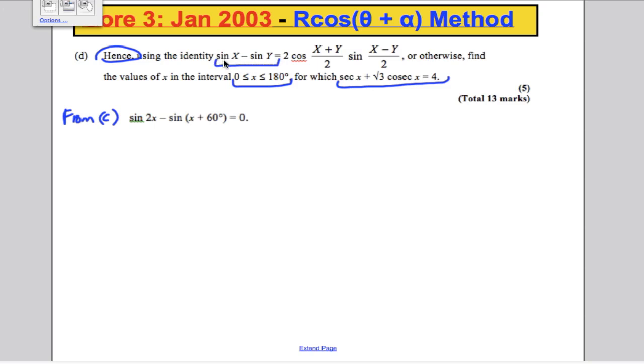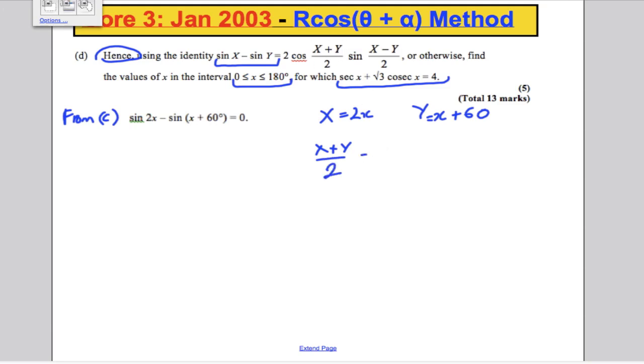Now, it also tells me that sine x minus sine y can be done by this formula. We've got here that x is equal to 2x, and capital Y up here is equal to x plus 60. So I know when I'm doing a sine of something, subtract the sine of something else, I can use this formula. What I could work out is x plus y over 2, because I'm going to use that over here.